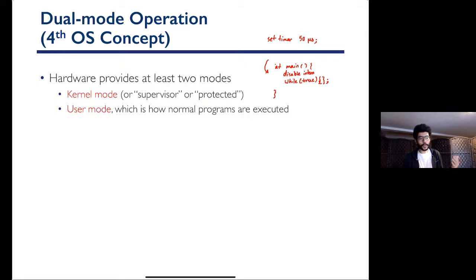We can run our operating system in that mode, and the operating system can then interpret, for example, the user code. So the operating system reads user code, deciphers it, and decides if the instruction this user wants to do is permitted or not. But as you can see, this is going to be extremely expensive, right?